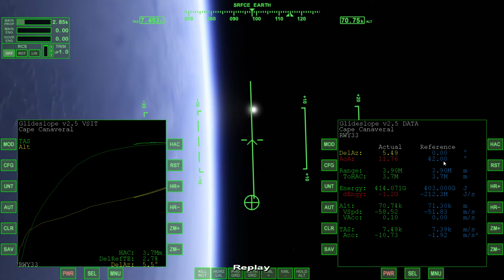The reference is 42. We're supposed to be at a 42-degree angle of attack, but the Delta glider just won't hold that. So the number's red because we are below what the reference is. If the number was green, then it's ideal, and if the number's yellow, then we're high. We're above the reference. You can see that right here with the delta azimuth, actually.